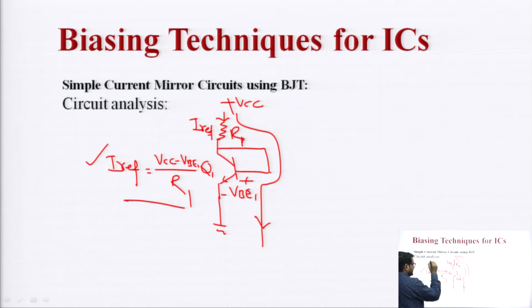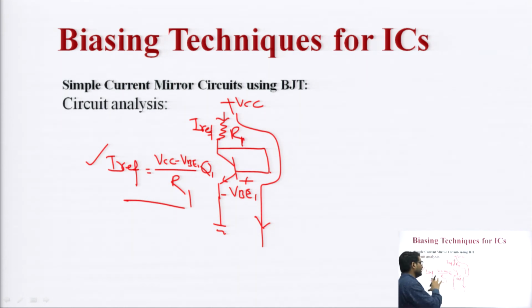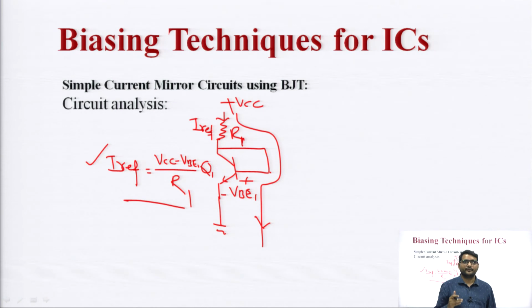Okay. Once we calculate the value of I reference, we obtain the output current of the current mirror circuit. This output current is used to stabilize the differential amplifier and all stages of the operational amplifier. This is the circuit we use in every stage of the operational amplifier in IC 741.